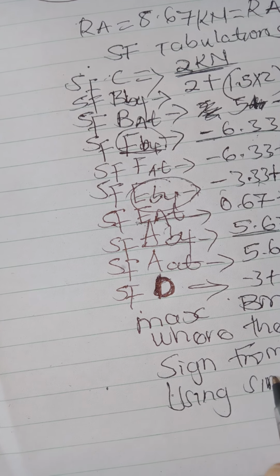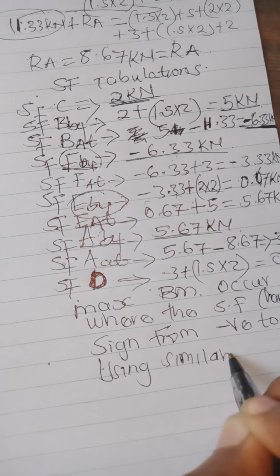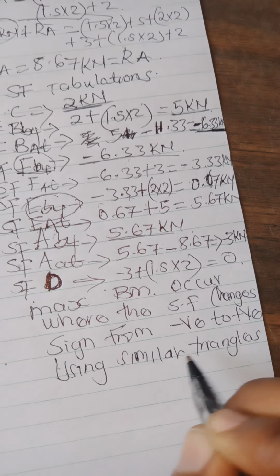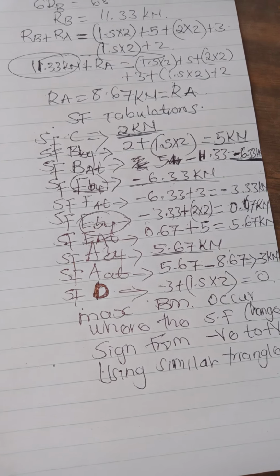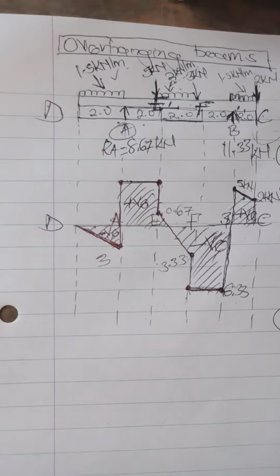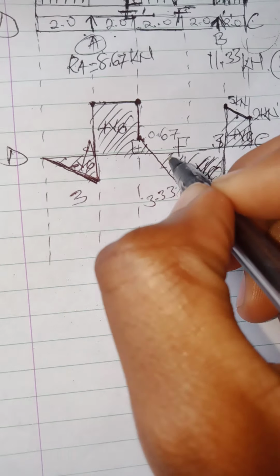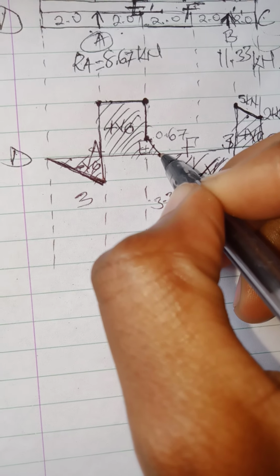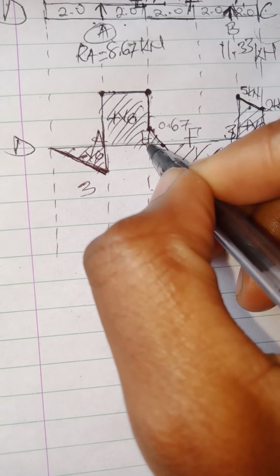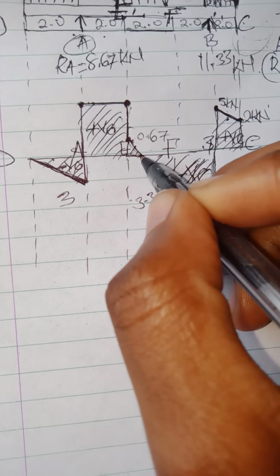So using similar triangles, it's easier to find the distance here where the sign is changing, this point.